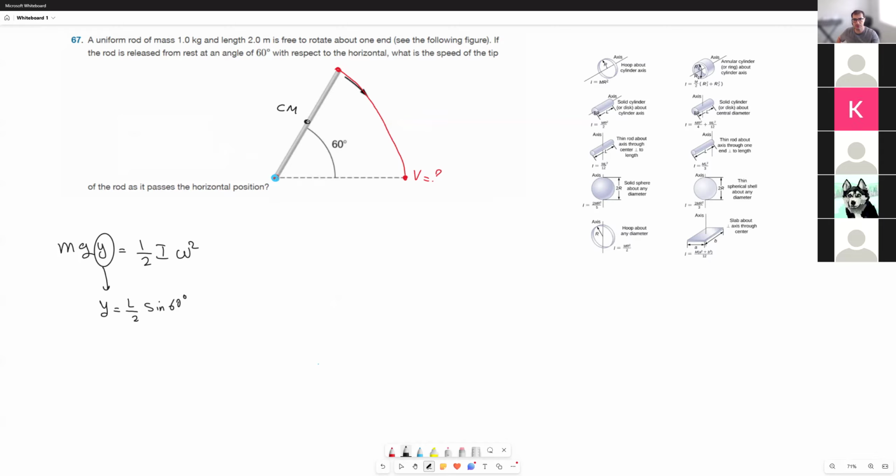Point 1 is when the rod is at 60 degrees with the horizontal, and point 2 is when it's completely horizontal. Mechanical energy at point 1 is going to be equal to mechanical energy at point 2.